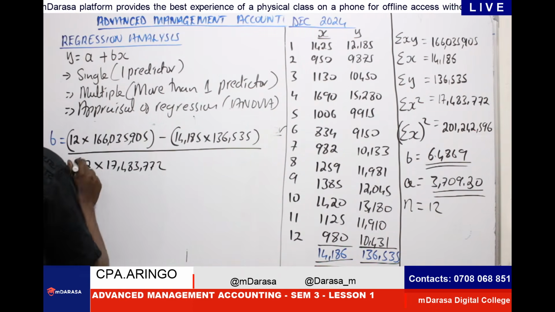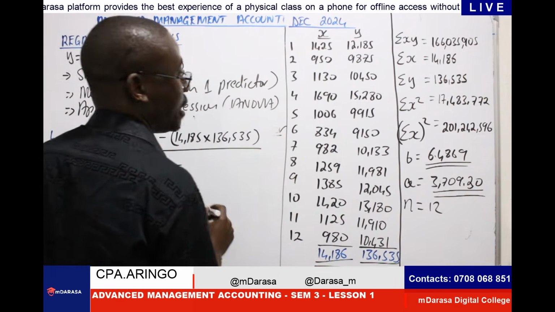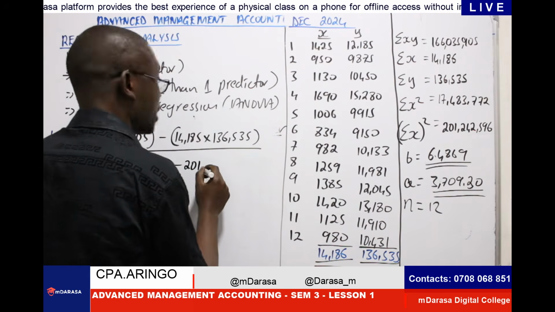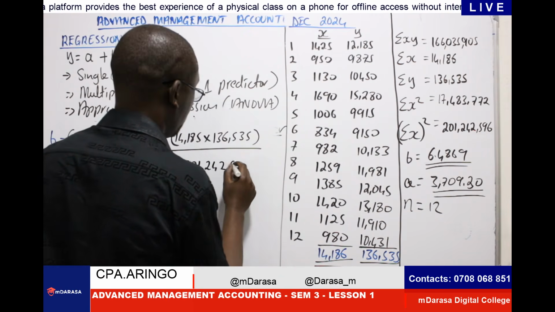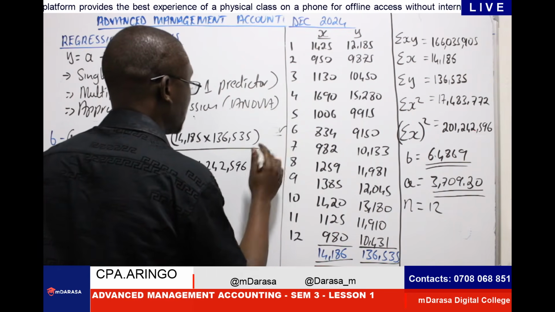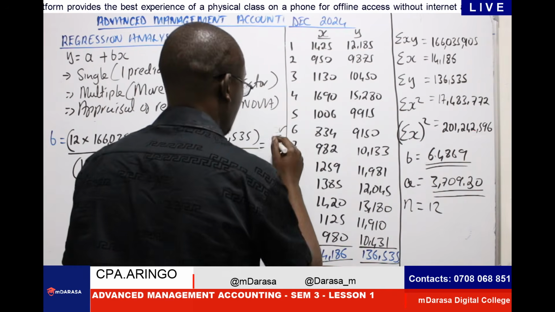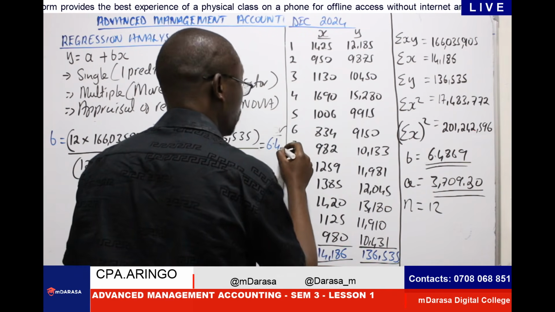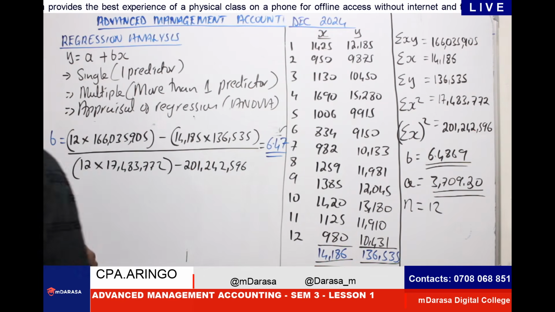You less the summation of x, then squared, 201,242,596. You come and give your examiner the value of B that you have determined. So B is 6.47. Just have it at that point.